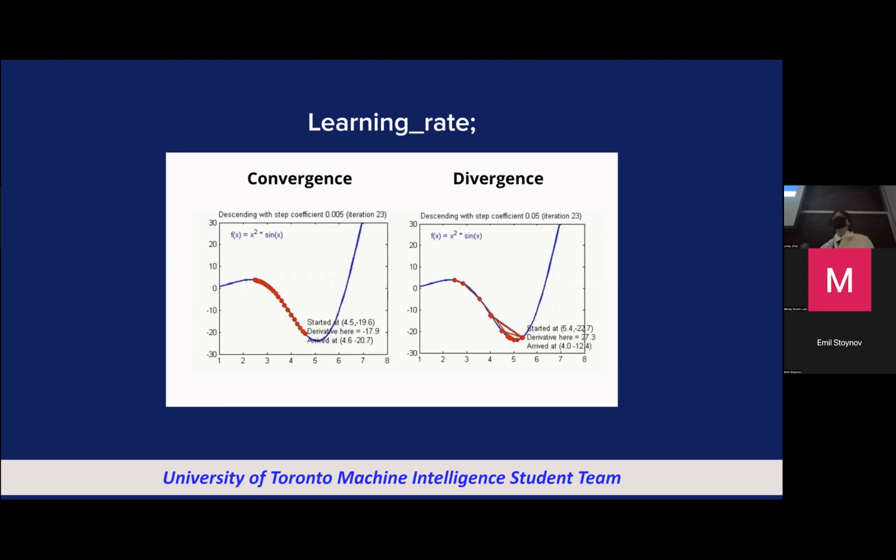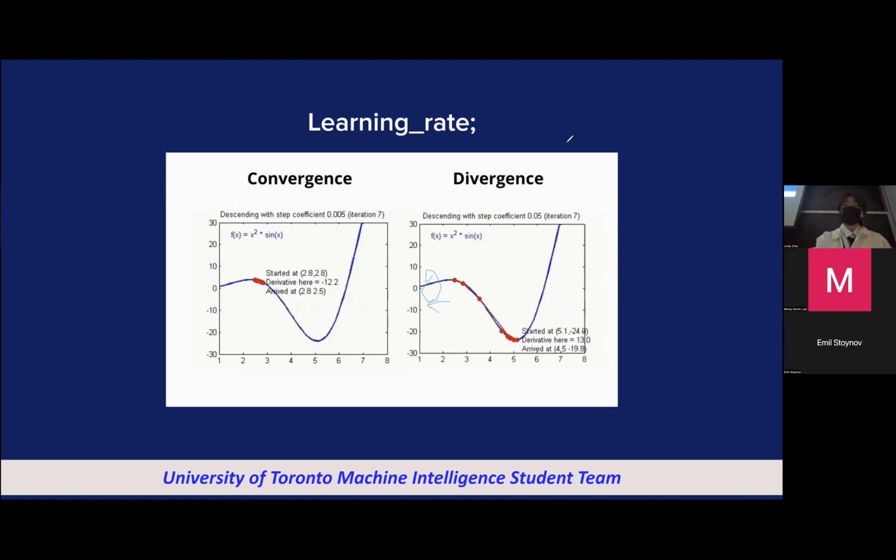And divergence might cause very serious issues. For example, if you have an even larger learning rate than this, you might even jump out of this minimum. You might land somewhere like here, and then if you calculate the derivative, you will go in the left direction, which is not even a minimum.